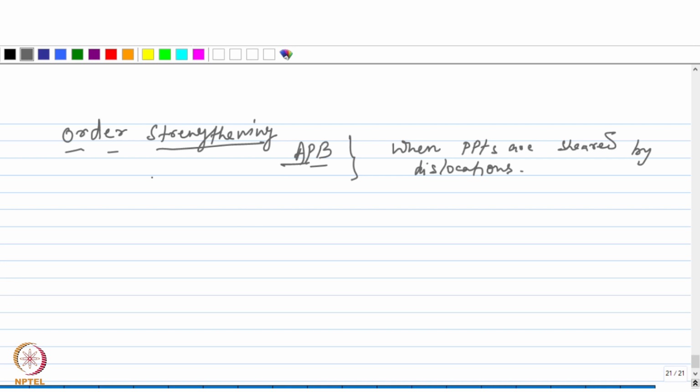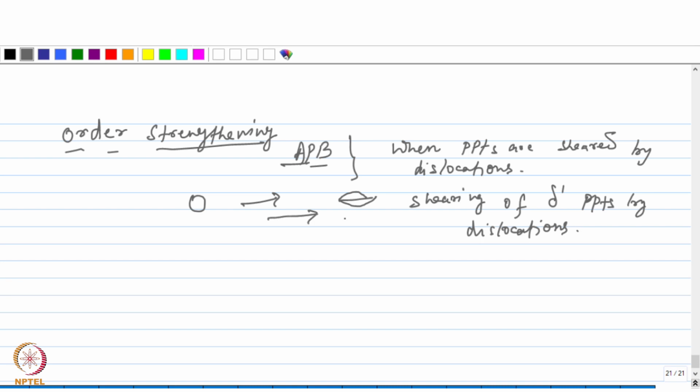So once that happens, the dislocations will tend to move only along these planes where this shearing can easily take place, right?